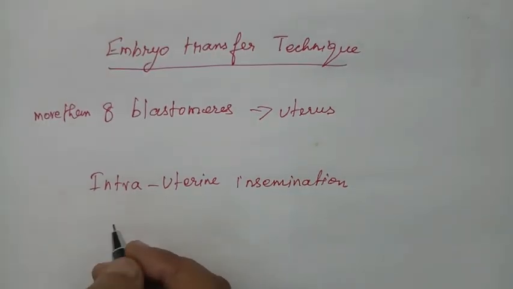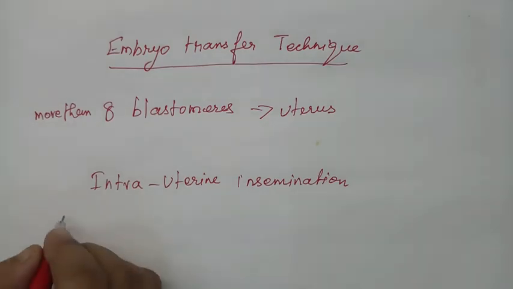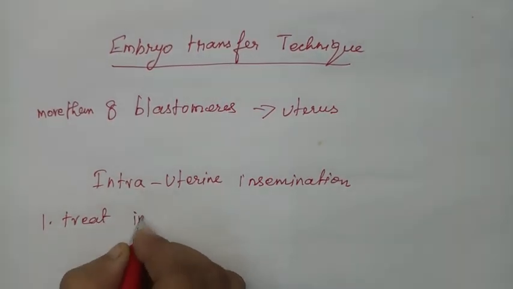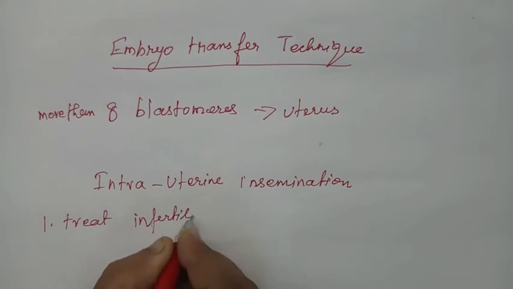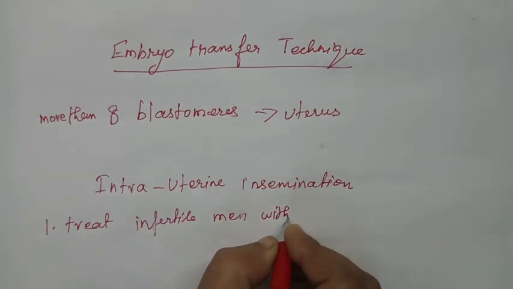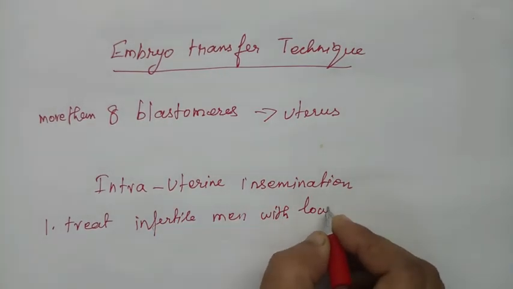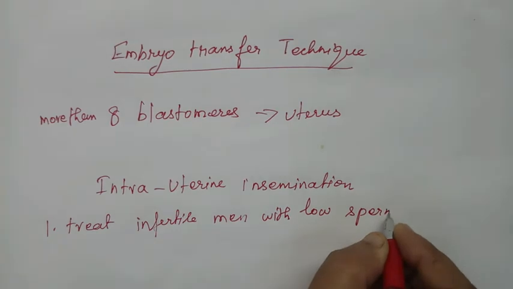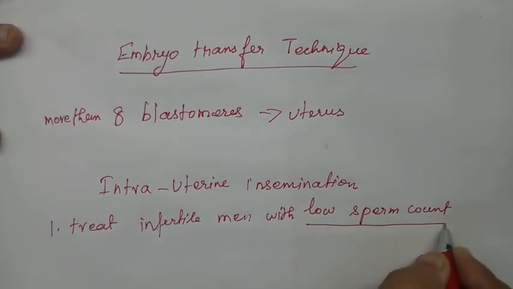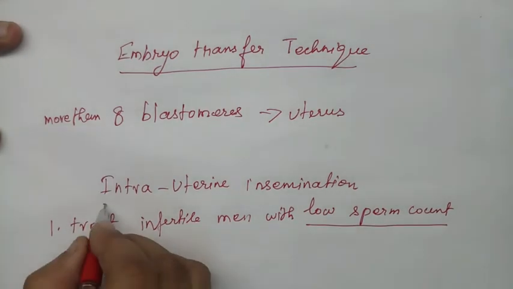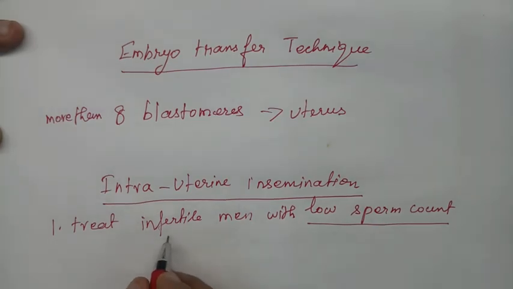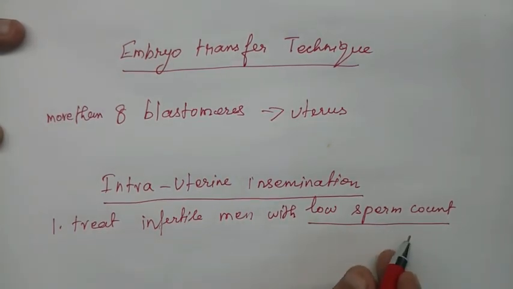Here it is used to treat infertile men with low sperm count. Very important is low sperm count. Intrauterine insemination is used to treat infertile men with low sperm count.